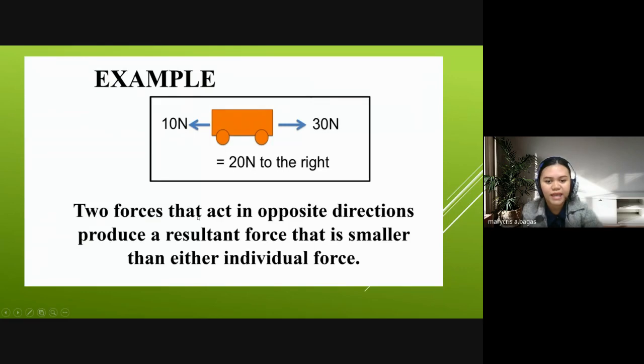Two forces that act in opposite directions produce a resultant force that is smaller than either individual force. So 30 minus 10, there is only 20 newtons going to the right. This object will go to the right.